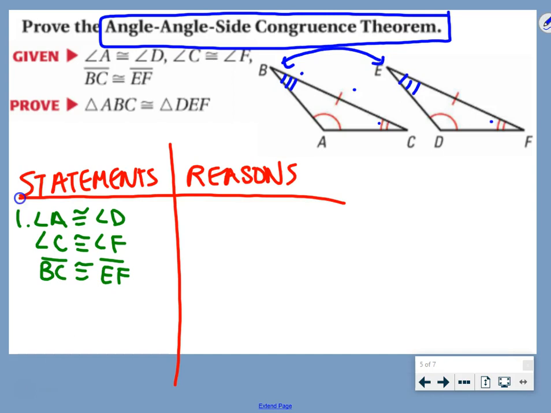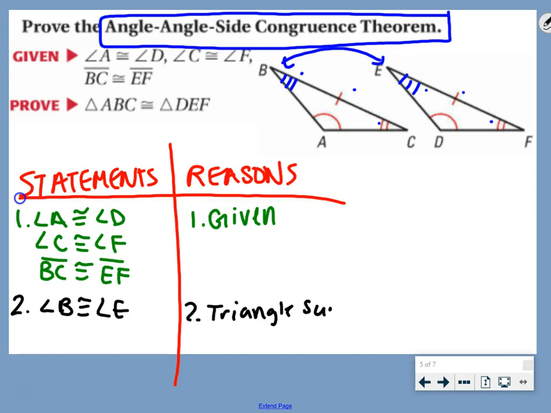angle. Now we know that triangles all sum to 180 degrees. So if we know that two angles are congruent, we know that the third angle is going to be congruent by the triangle sum theorem. So for number 2, we can say that angle B is congruent to angle E by our triangle sum theorem.